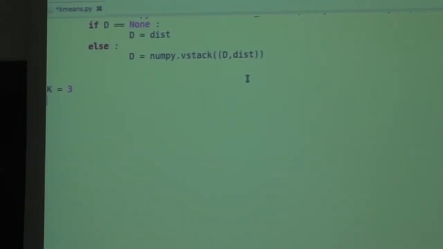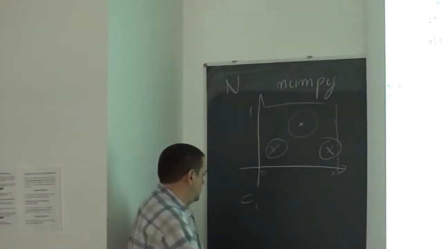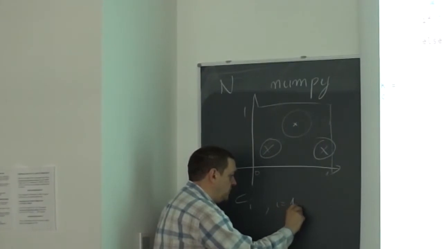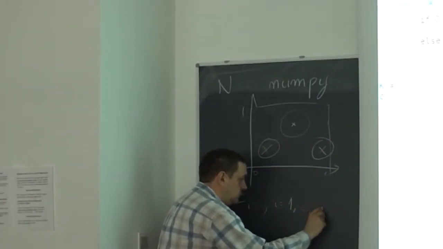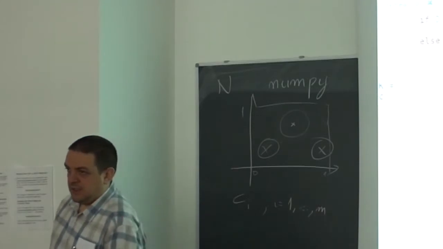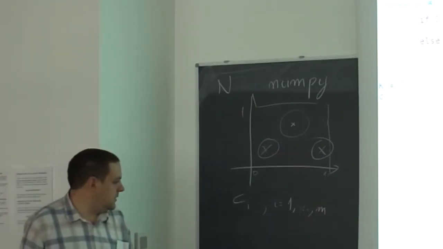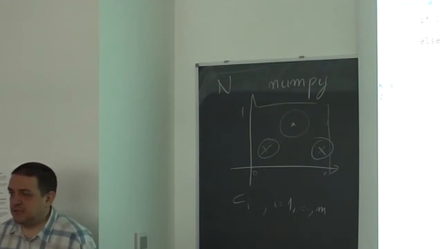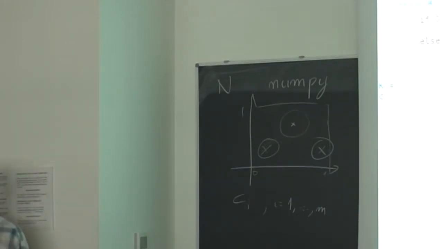Now, as you remember, we want to start with a set of, let me remind you, Ci for i going from 1 to m, which represents the cluster to which document i belongs.